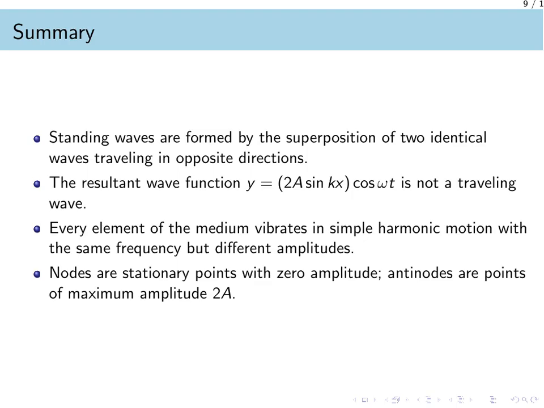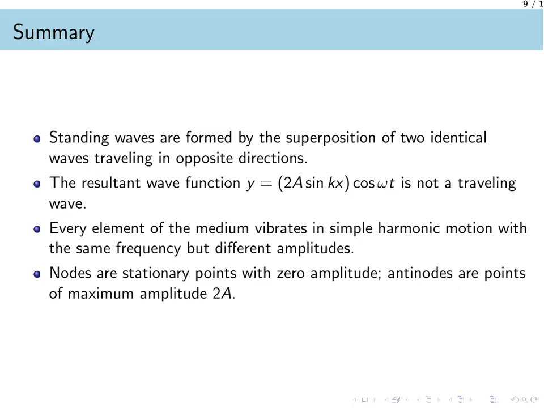In summary, standing waves are the result of the superposition of two identical waves moving in opposite directions. The resulting wave function, y equals 2 times the amplitude times the sine of kx times the cosine of omega t, confirms that this is not a traveling wave because the spatial and temporal variables are separated.